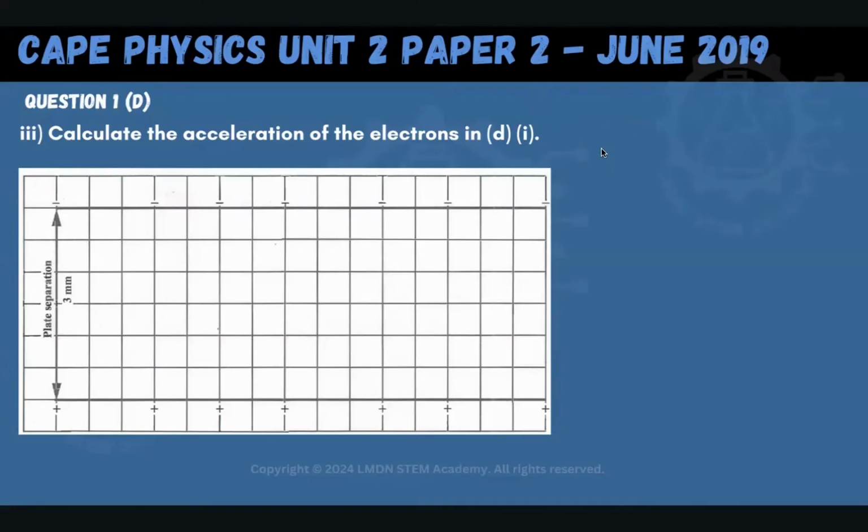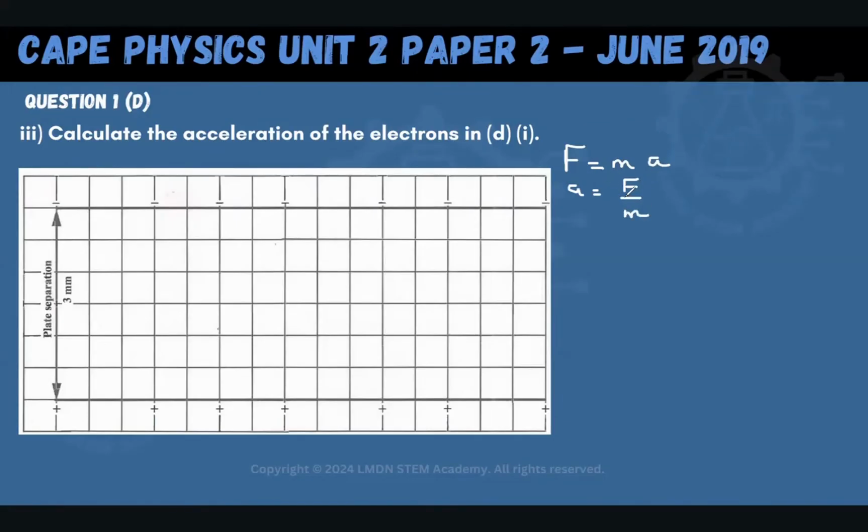So we can start there. We can say that F is equal to mass times acceleration. So if we need to find acceleration, we can rearrange that formula, and it's going to be a is equal to F over m.